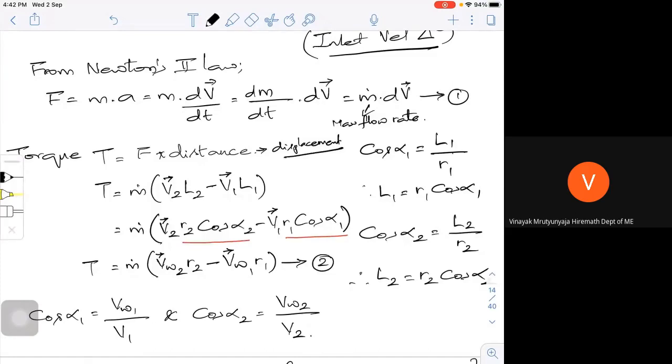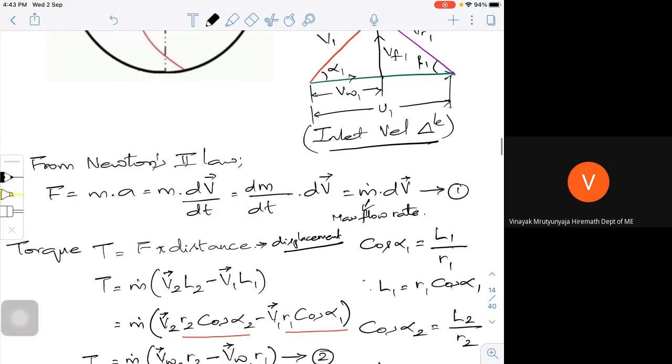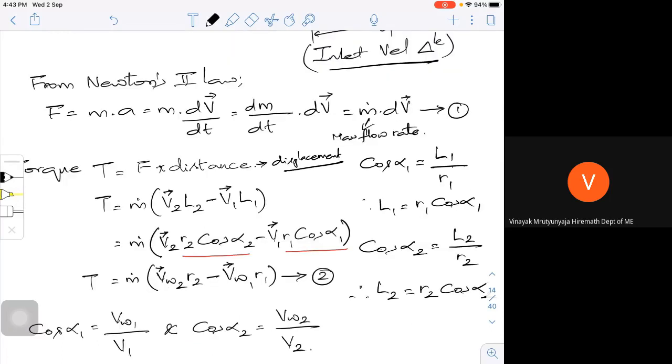Fine. Now when I come back here, I can write the force as the mass flow rate into dv. What is dv? It is v2 and v1. What are the distances? They are with respect to L2 and L1.